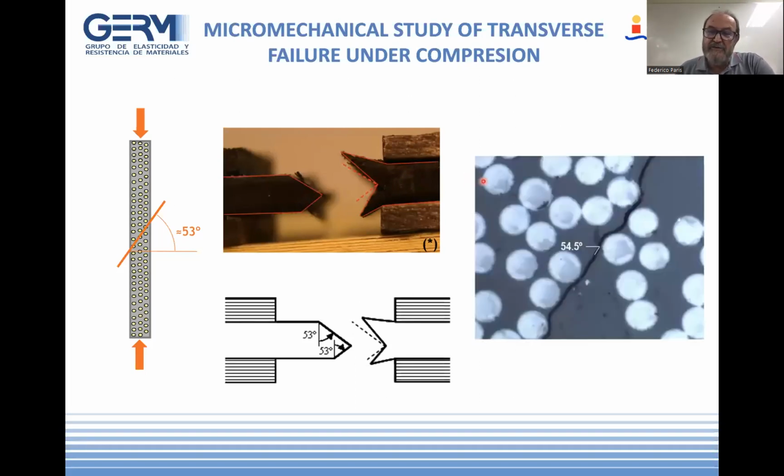If you take a micromechanical view of the problem, as in the previous case, you will find that the direction of maximum hoop stress is associated with 53, 54, and you see here how the debonding crack abandoned the interface between fiber and matrix at the direction predicted at micromechanical level of the maximum circumferential stress.